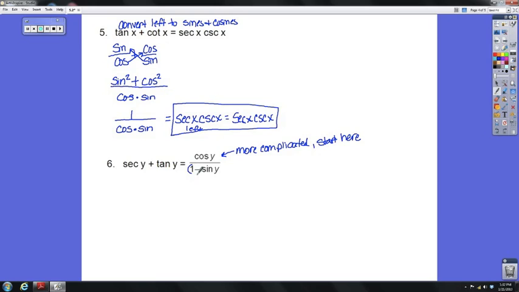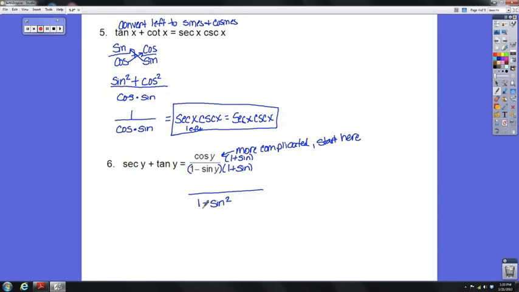But if I were to take this and multiply by 1 plus sine, then I could get 1 minus sine squared in the denominator. And I can do that as long as whatever I multiply by in the denominator, I multiply the numerator by the same thing. So I'm going to do 1 plus sine times 1 minus sine in the denominator so that I can get my 1 minus sine squared.